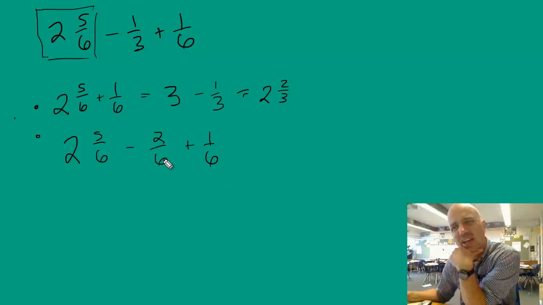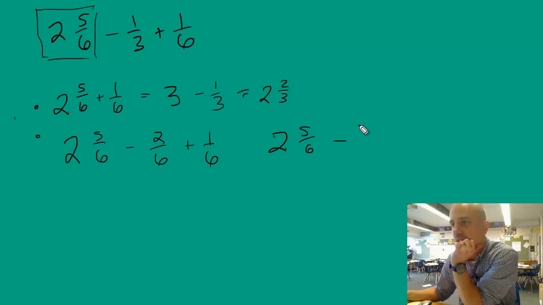If I have my 2/6 plus 1/6, could I just add that too? That would be 2/6 plus 1/6, which would be 3/6, right? Let's try it. 2 and 5/6 minus 3/6 equals 2 and 2/6, and 2 and 2/6 would be 2 and 1/3.